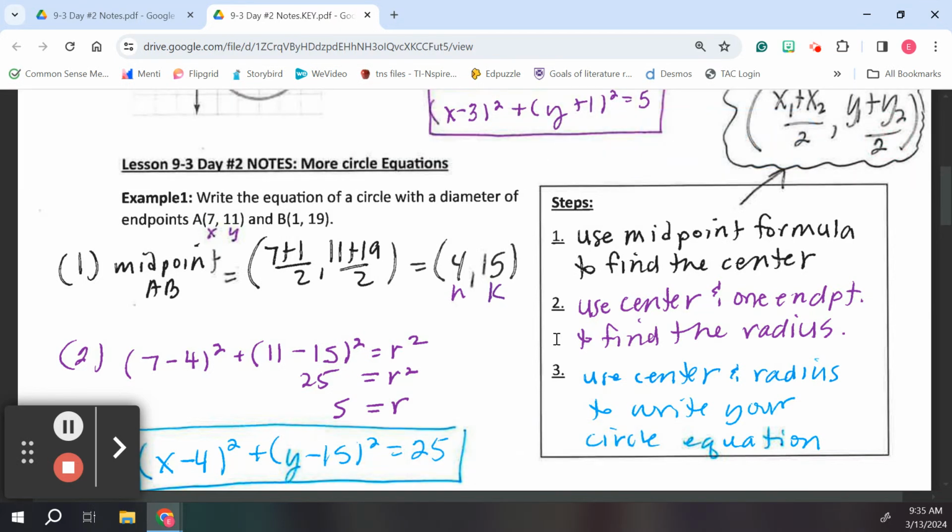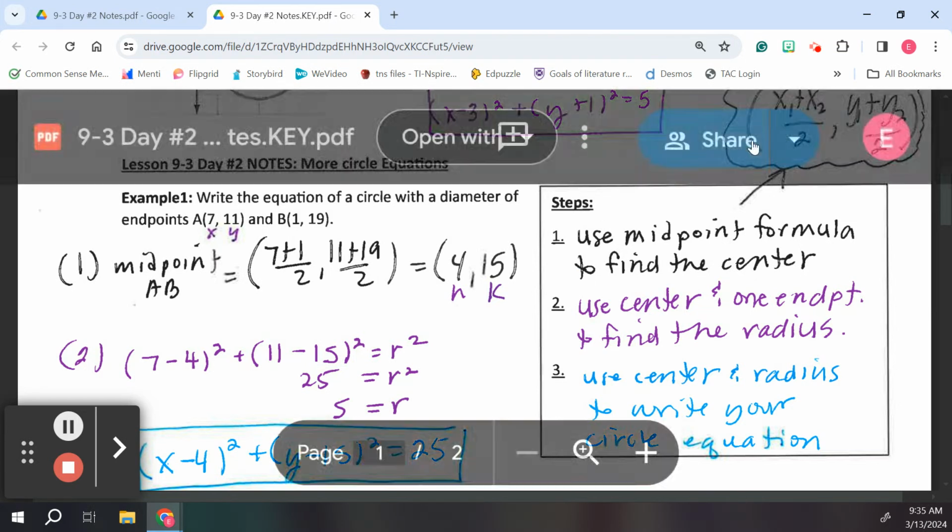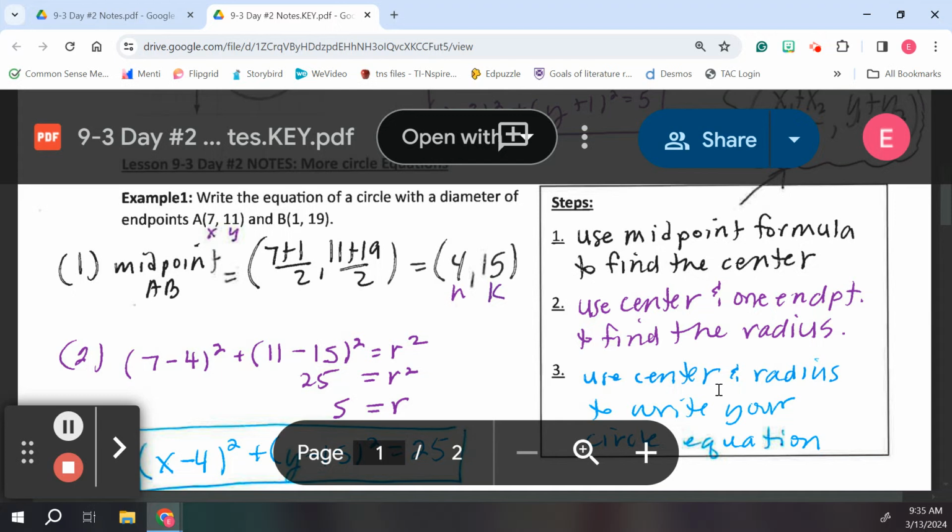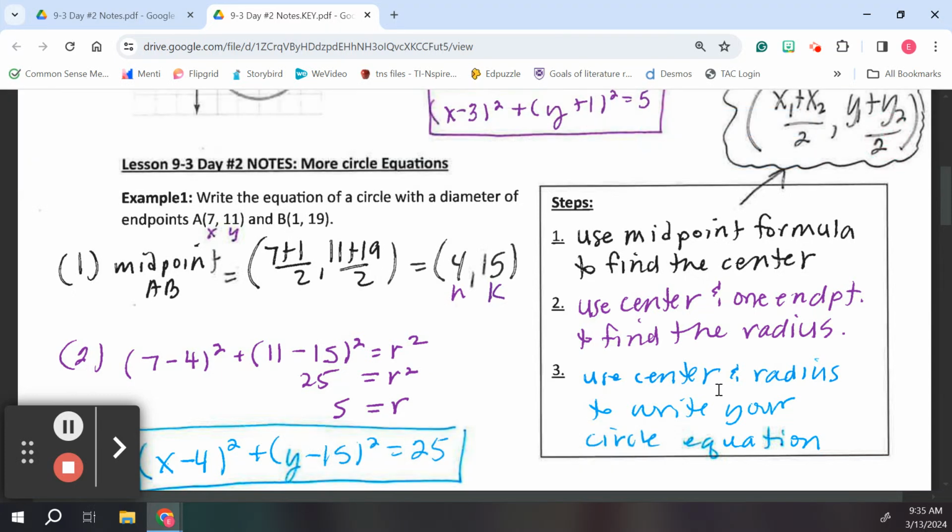Remember, you can use the circle formula, the distance formula, or the Pythagorean theorem, whatever floats your boat. I'm going to use the circle equation to really solidify that with you guys. Then use the center and radius to write your circle equation. I'm going to give you a minute to write that down. If you need a recap of the midpoint formula, it's right up there.